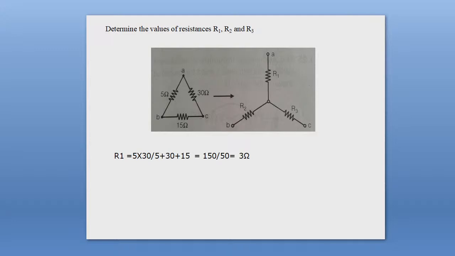Everyone write the values of R2, R3 in the chat box after solving the problem. Nivedita, R2 9 ohms. Okay, thank you. Arkodip, 9 ohms, thank you. Where are the other students? Write the values of R1, R2, R3 in the chat box.